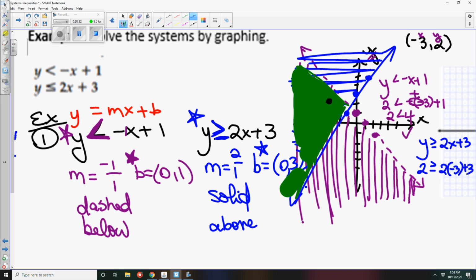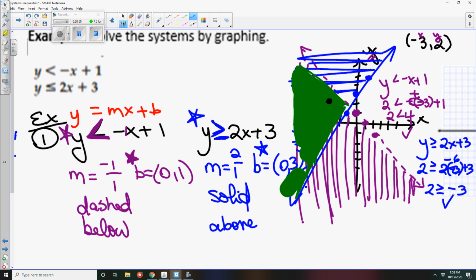Negative 6. What's negative 6 plus 3? Negative 3. So 2 is greater than or equal to negative 3. Is that true? Yeah.